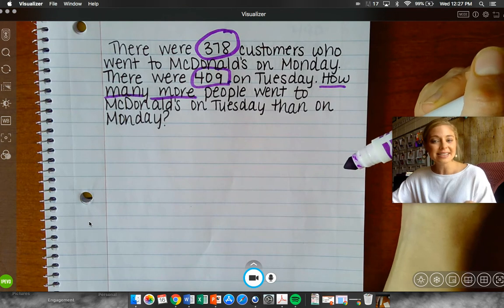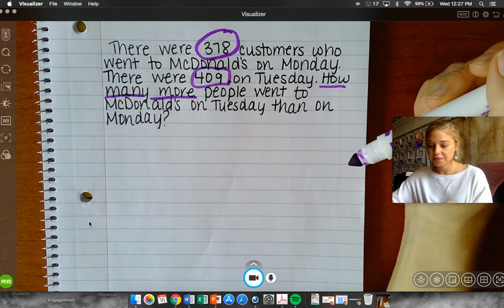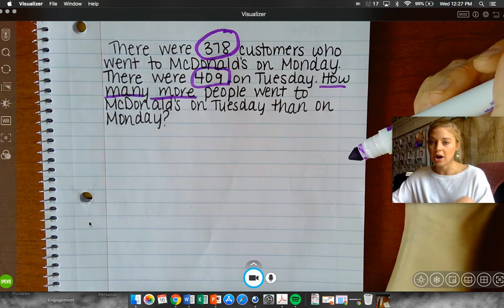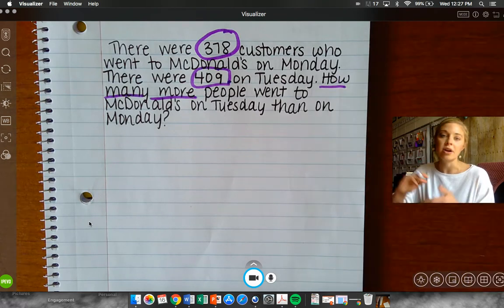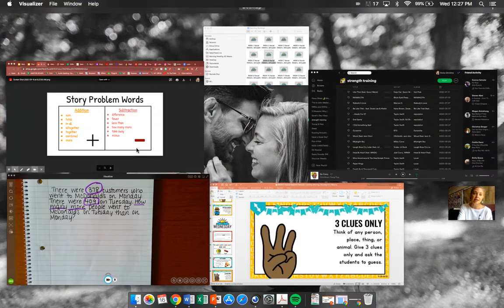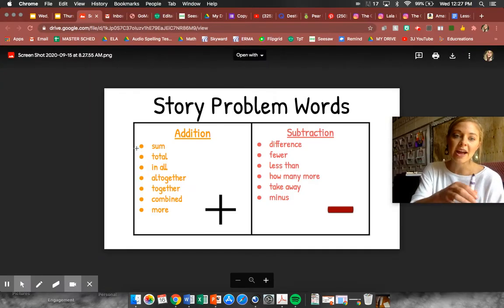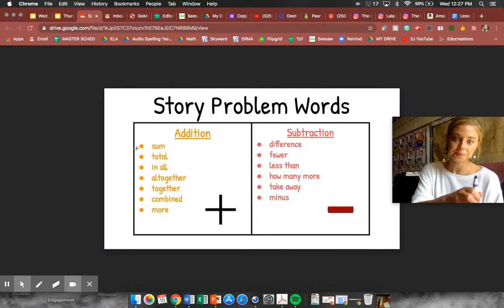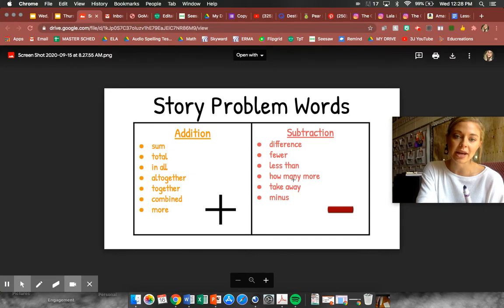Okay, so it's not asking how many altogether or in all, how many customers went in all. It's not asking that. It says how many more. So I'm going to go back to my chart and I'm going to find the words how many more. And I'm going to see if it's underneath addition or subtraction. And I see it right here.